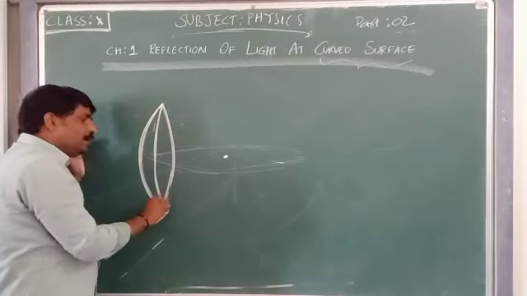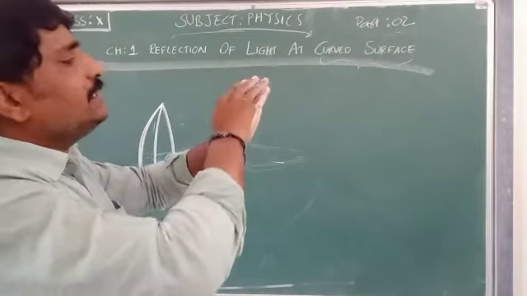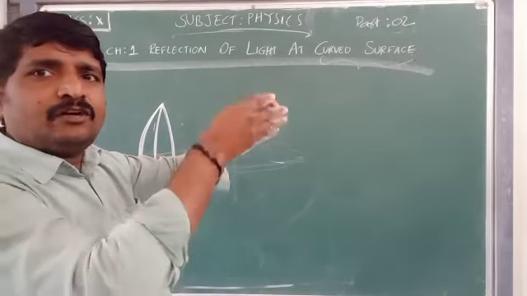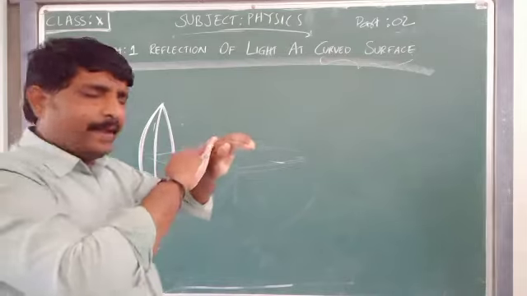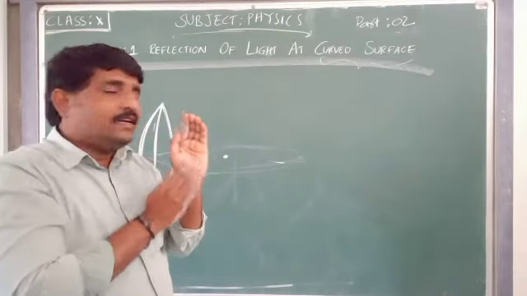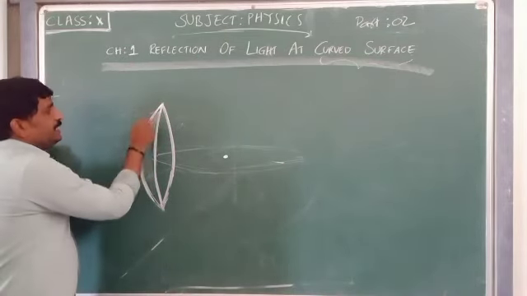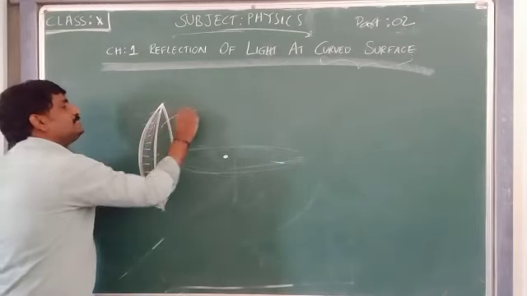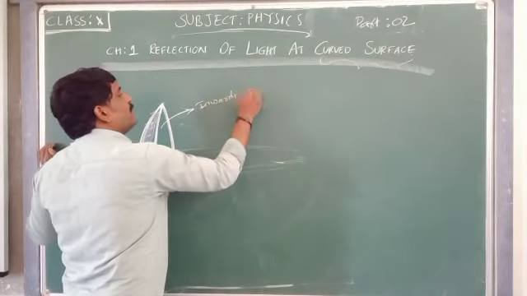If I coat the silver or aluminium on the outer bulge-out region and seal it with paint, the inward surface will act as a reflecting surface. This is the inward surface.